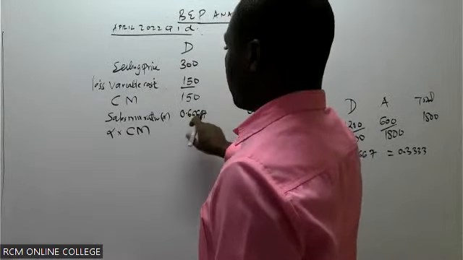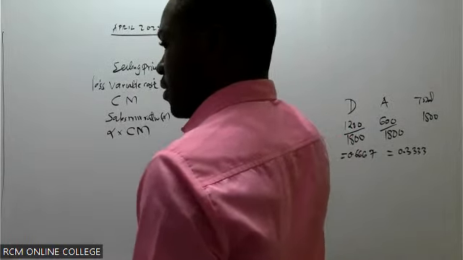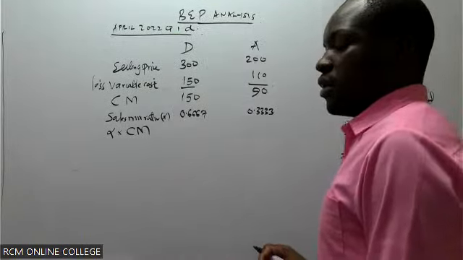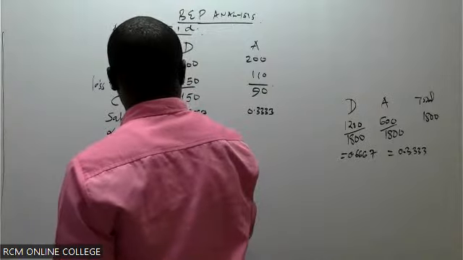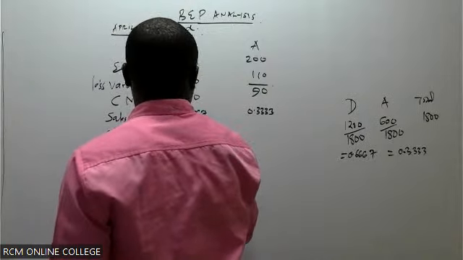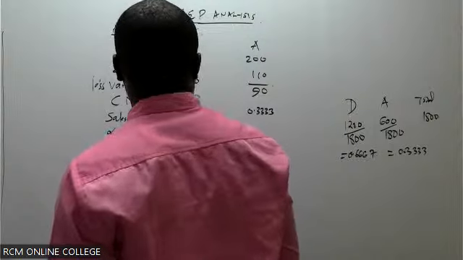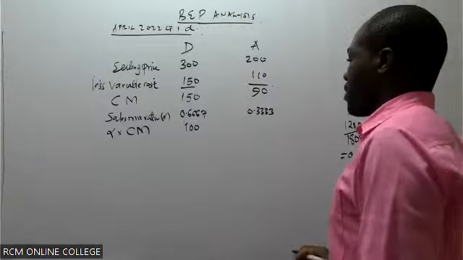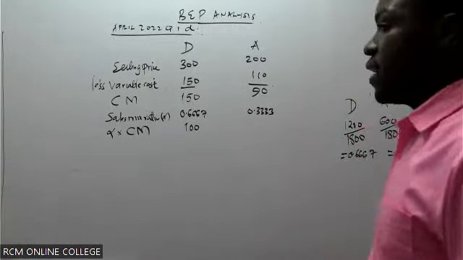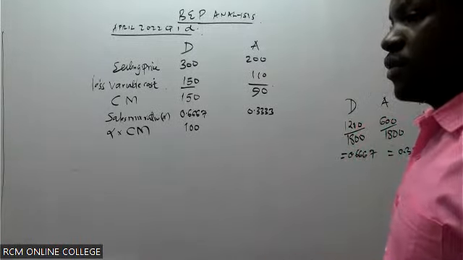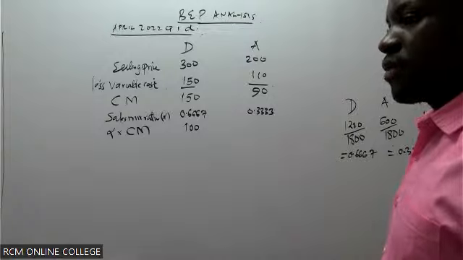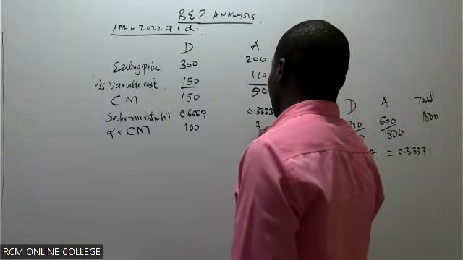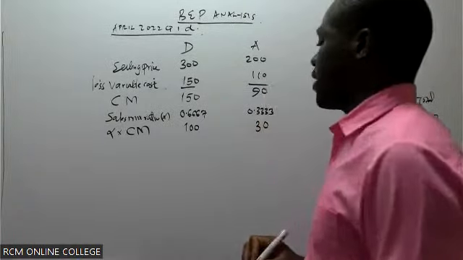The first one, 150 by this, should give us 100. If you did not round off, you should be getting a whole figure, which is 100, right? Good. How about the other side? If you take 0.3333 by 90, we will have 30. So that's 100 and 30.